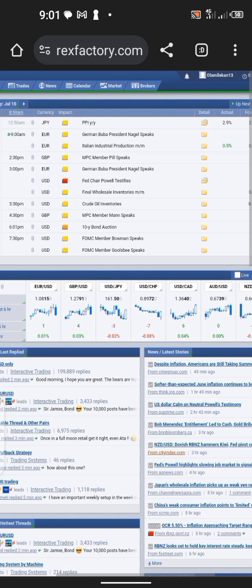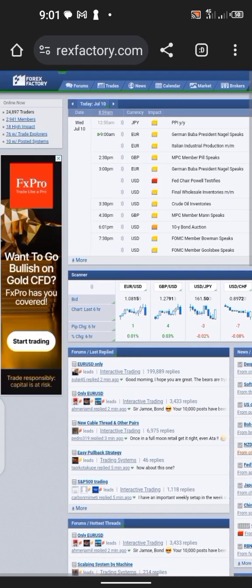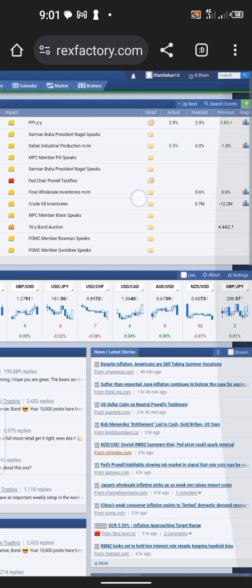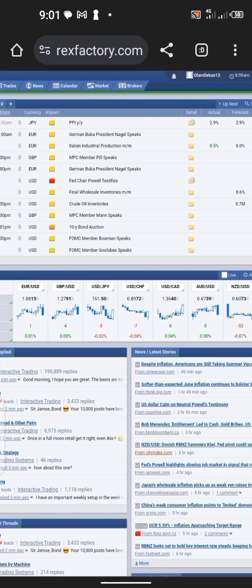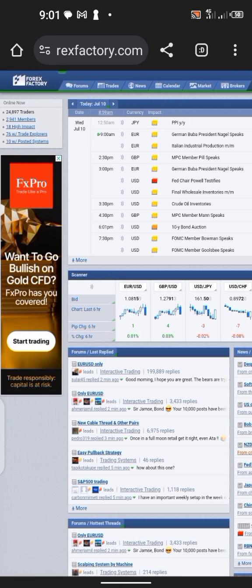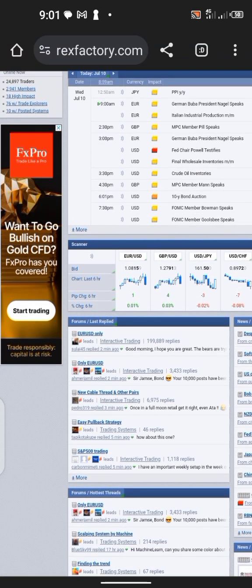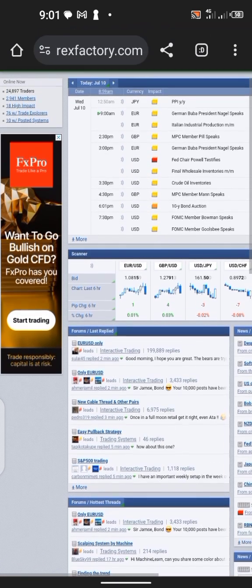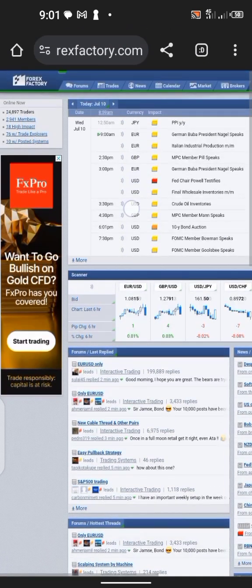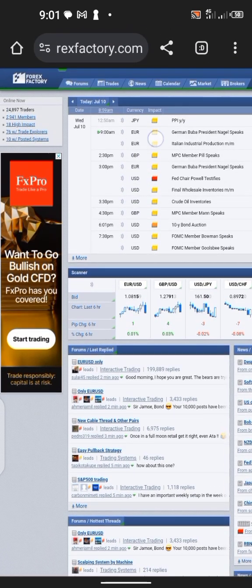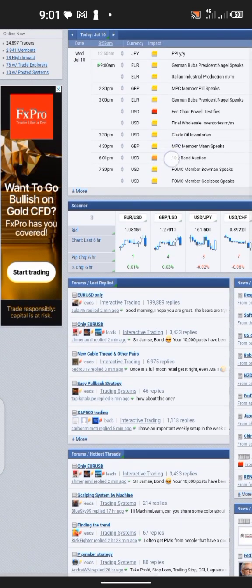The first thing you are going to see is the economic calendar, which lists the news events. This is the time the news is going to happen, and this is the currency pair that is going to be affected. These colors are the impacts.